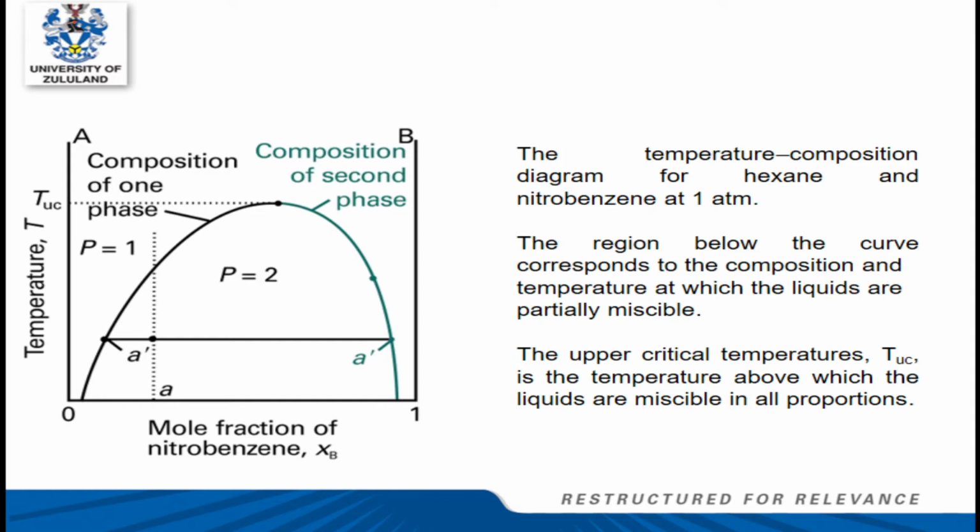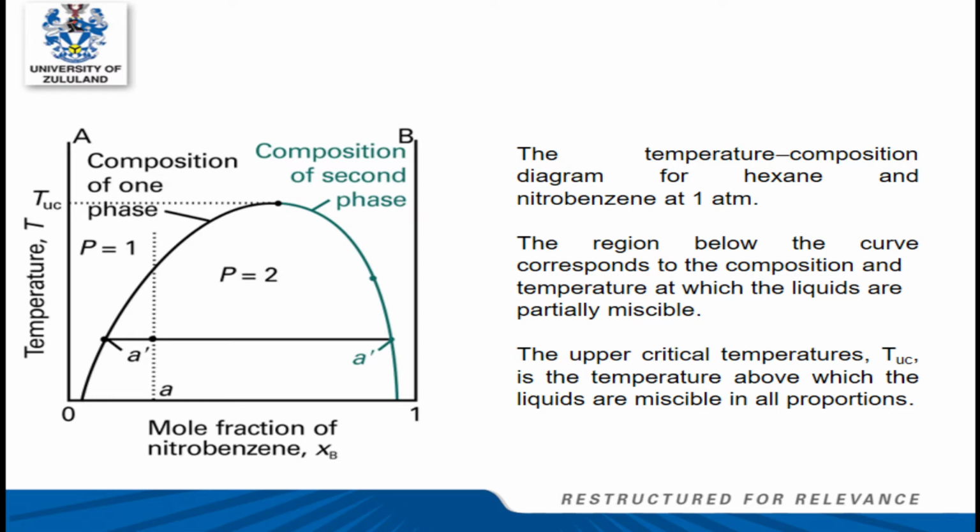In the case where we have partially miscible liquids, this is the type of phase diagram that one can see. In this example, we have the temperature-composition diagram for hexane as well as nitrobenzene.